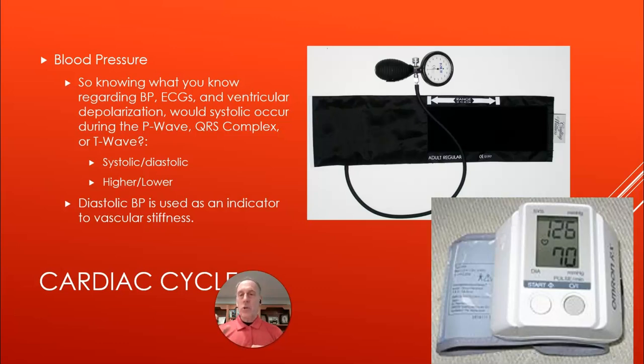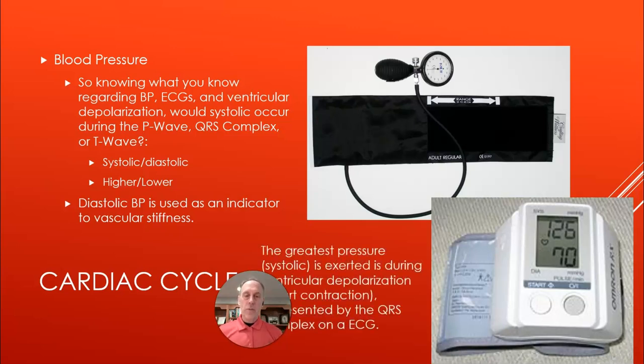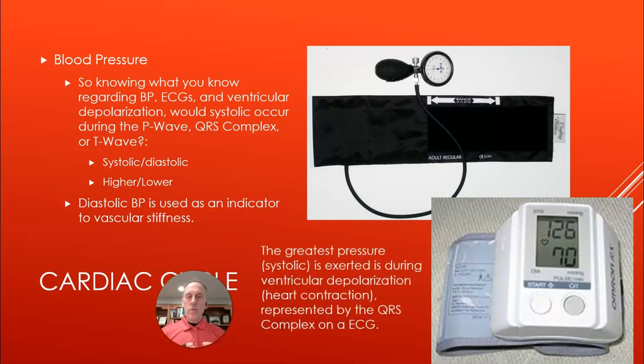Would the systolic occur during the P wave, the QRS complex, or the T wave? You have S over D, so the higher number is the 126. Based on what we just saw a couple slides back, it's during the QRS complex, when the greatest amount of pressure is exerted during ventricular depolarization, during the actual heart contraction, squish, which is the QRS complex on an ECG.